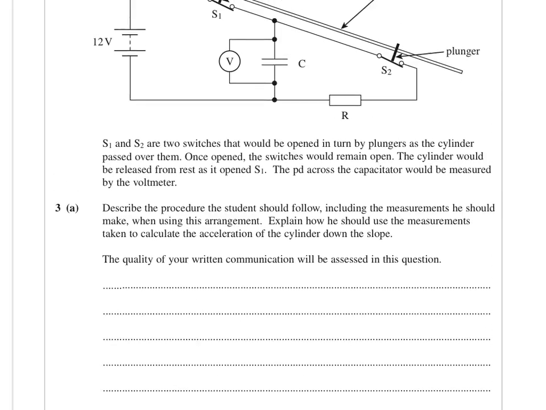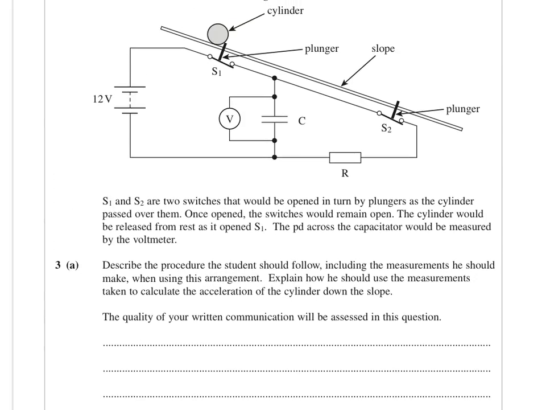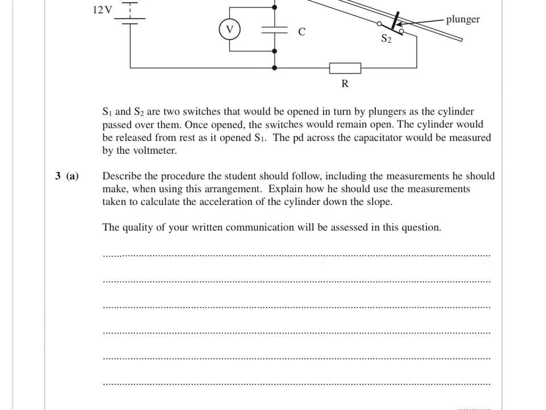So essentially the capacitor is being used as a method to find the time. So the first thing we want to do is measure the initial V across the capacitor, because you want to know what the starting potential difference is, and you want to know the length of the slope, because we're going to use essentially a distance and time type thing.